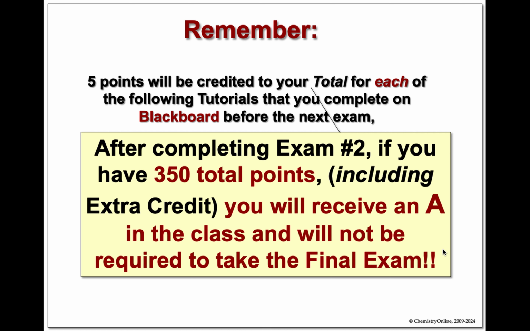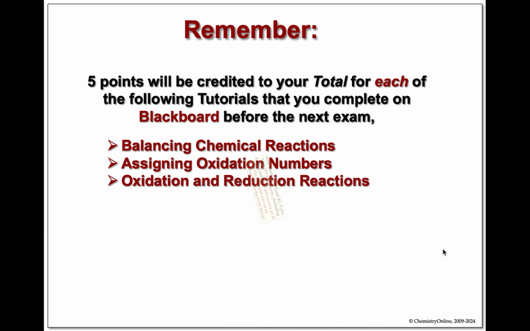After you take exam 2, if you have 350 total points, that's in your overall score, I will give you an A on the spot, and you will not have to take the final exam. That's worth saying again.